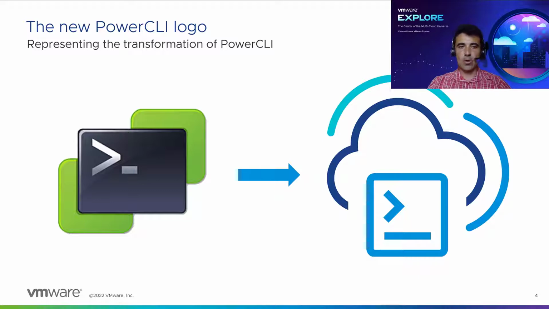You can use it to automate a lot of different VMware products. PowerCLI is now de facto the CLI for all the VMware products and all the VMware Cloud products as well. So this is what our new logo shows.